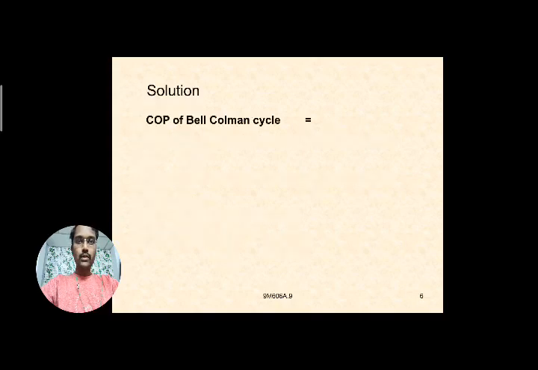Next, go for the solution. The COP of the Bell-Coleman cycle is equal to T4 by (T3 minus T4). This is the formula for the COP of the Bell-Coleman cycle which we have seen. The same formula can be written as 1 by (T3 by T4 minus 1).